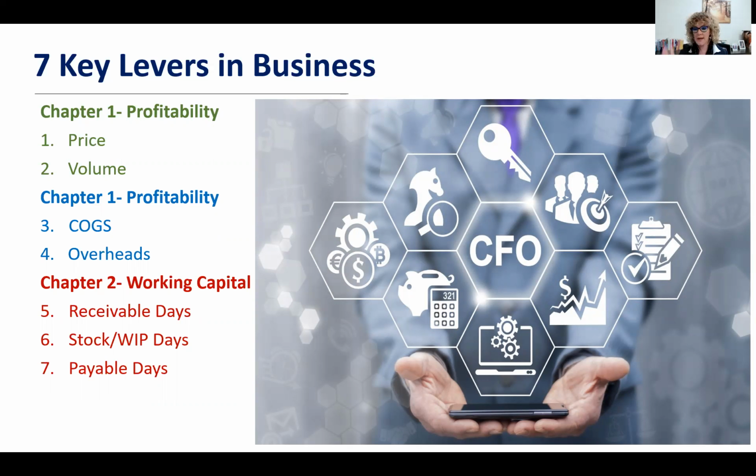So that's all related to chapter 1, your profitability. And then the other 3 levers are your receivable days, your inventory or work in progress days, and then your payable days as well. All right, and they affect your working capital. So that's the cash in your business.